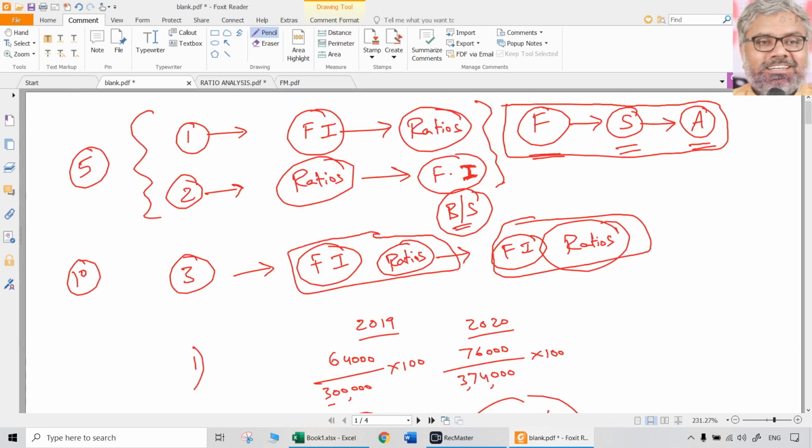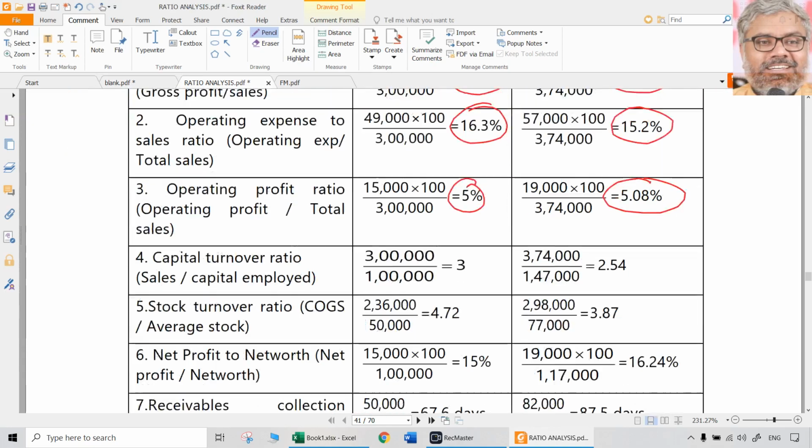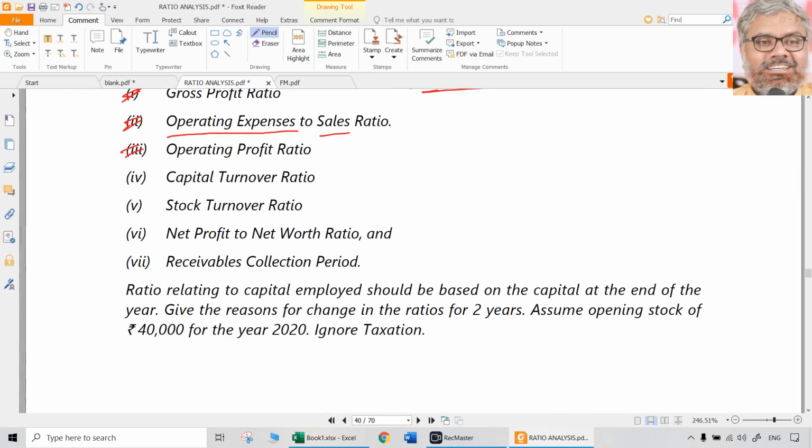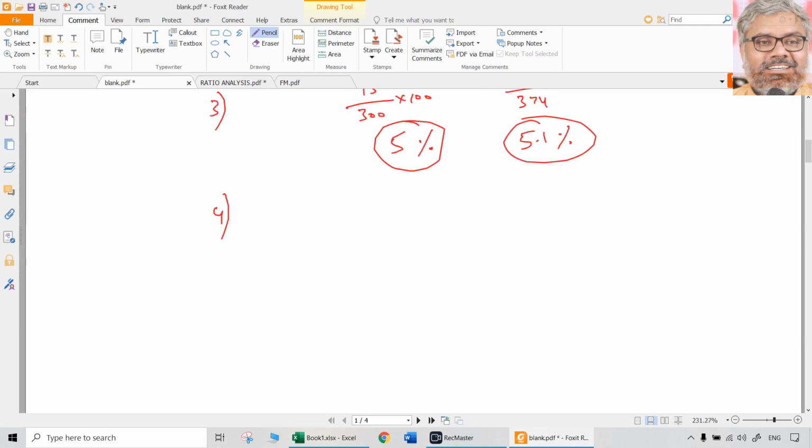Next, the fourth one. What is the fourth one asked? Capital turnover ratio. You should know the formula first. In a turnover ratio, sales will be in the numerator. So 3,00,000 and 3,74,000, sales we know already, will be in the numerator.